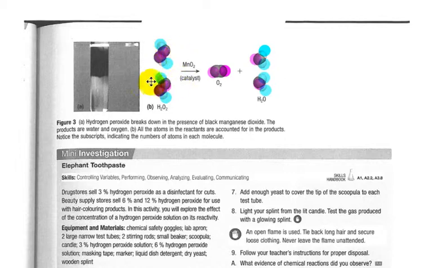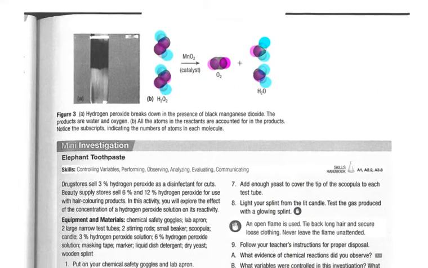So you can see here the hydrogen peroxide molecules break down to oxygen and water, and you can see 1, 2, 3, 4 purple, 1, 2, 3, 4 purple, 4 blue, 4 blue. So simply rearranged.